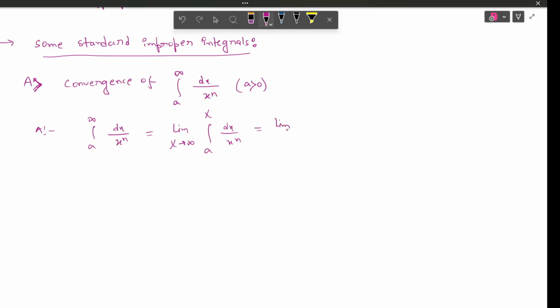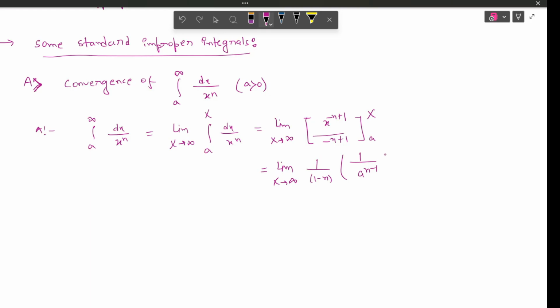So it will be limit X tends to infinity, x to the power minus n plus 1 by minus n plus 1 from A to X. Okay, so this will be limit X tends to infinity, and if you take this common, 1 by 1 minus n, then this would be A to the power minus n plus 1.